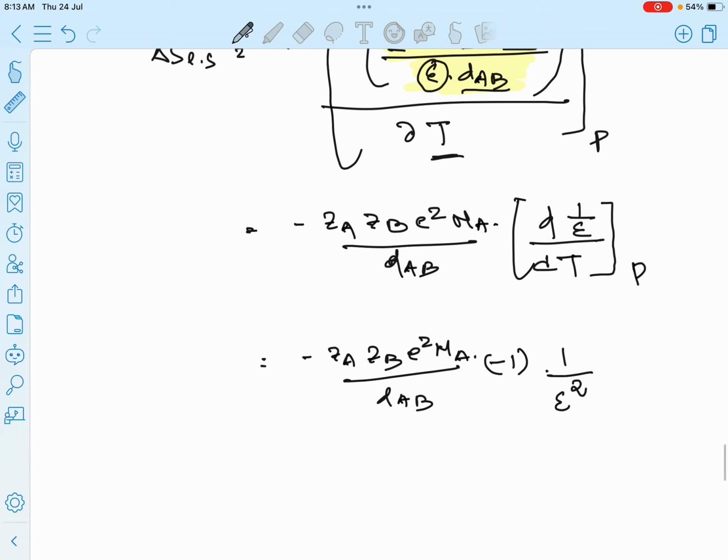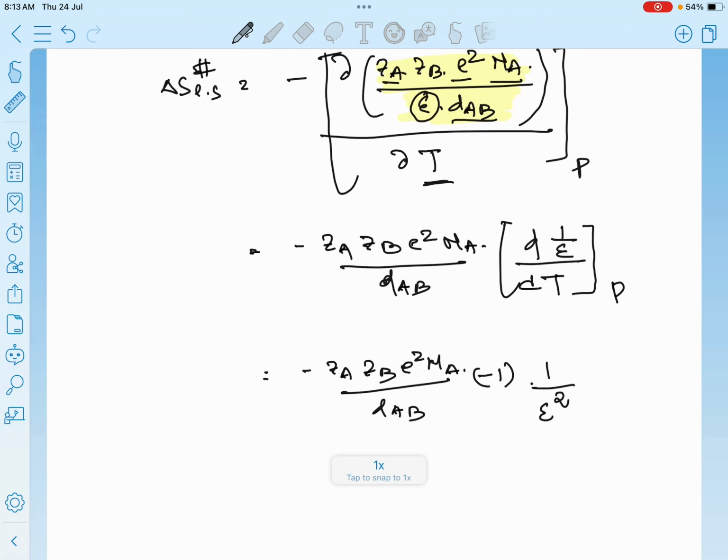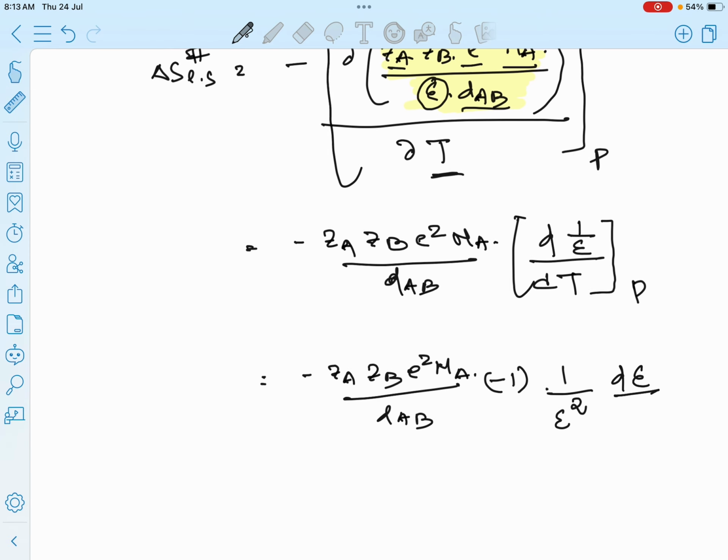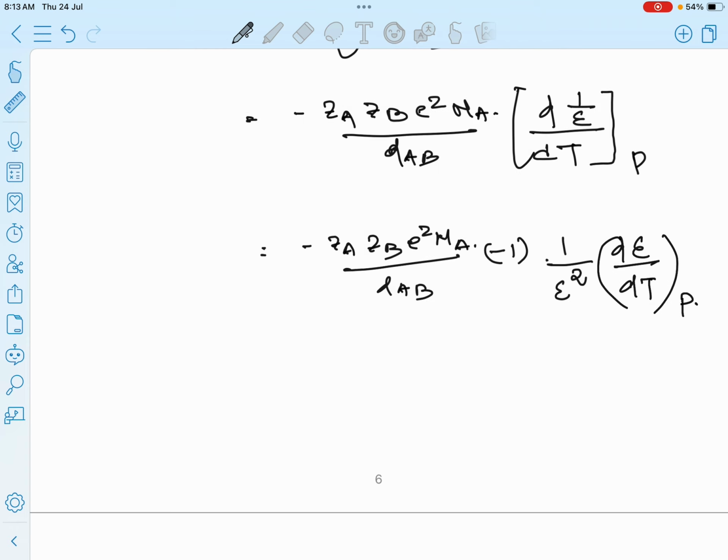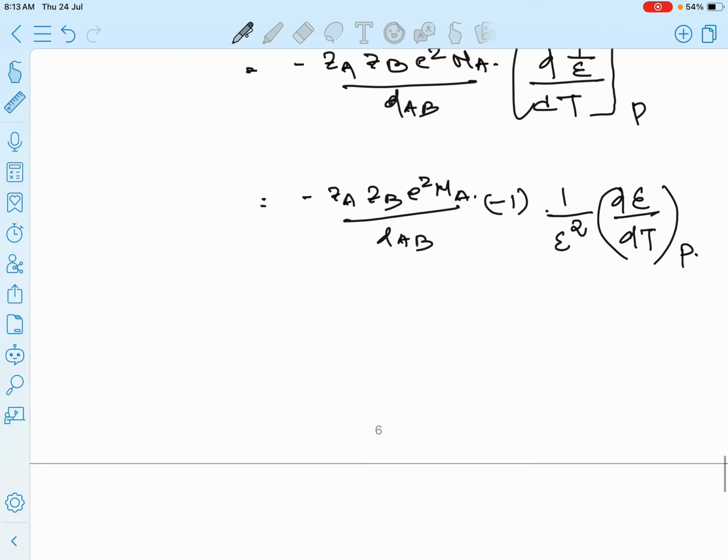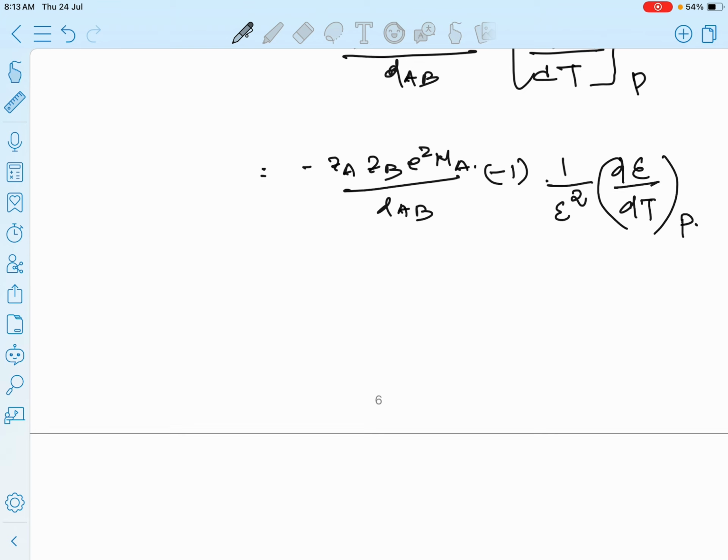And epsilon, again, differentiation of epsilon with respect to temperature will also be there. Okay, now let us just rearrange the terms.